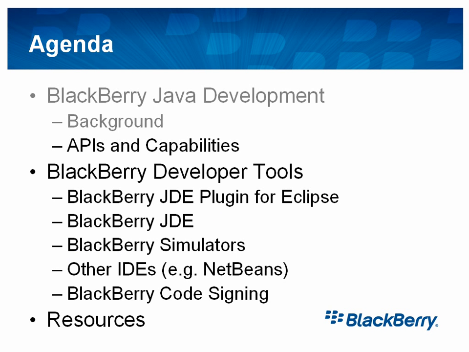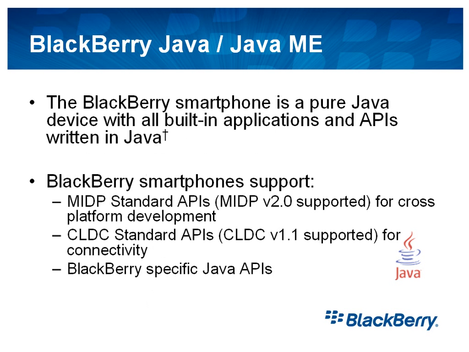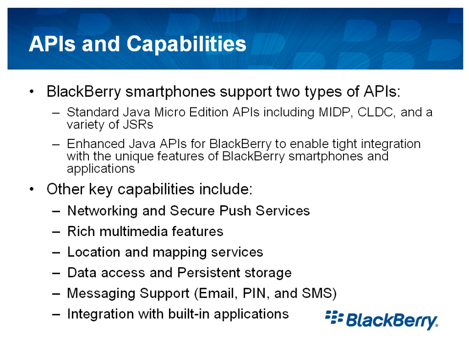So now you have a little bit of understanding of the background of Java development on Blackberry. Let's talk about the APIs and capabilities in more detail. As we talked about, the Blackberry is a pure Java device today with all the built-in applications and APIs written in Java. As we mentioned, we support MIDP version 2.0, CLDC version 1.1, and a variety of other Blackberry-specific Java APIs. From a Blackberry perspective, there are really 2 types of APIs.